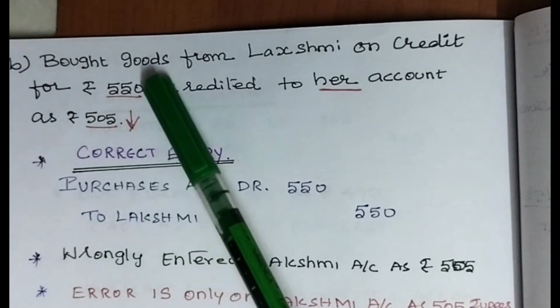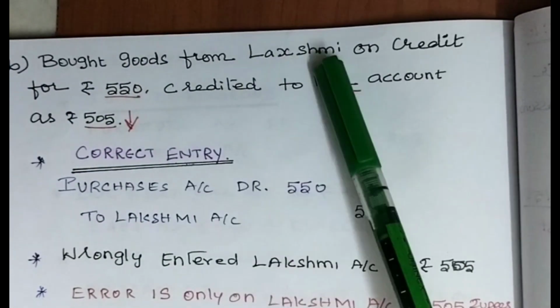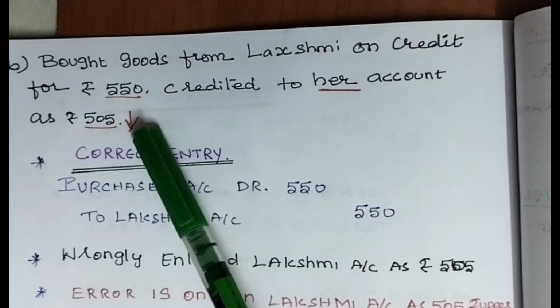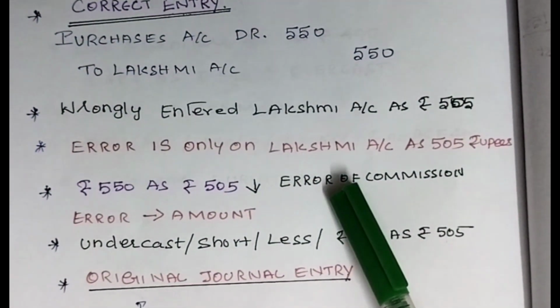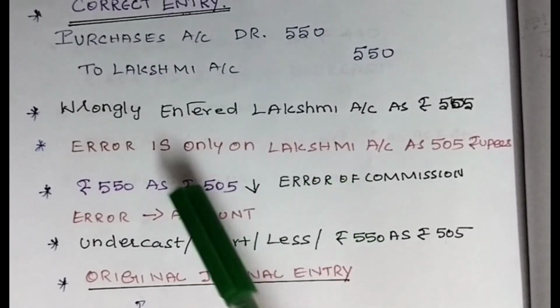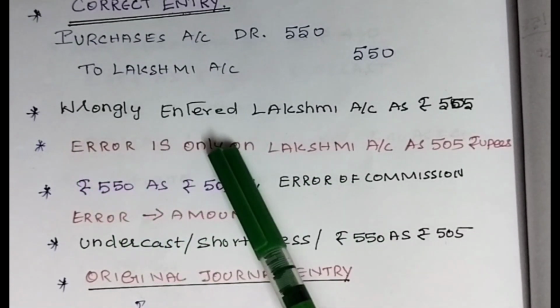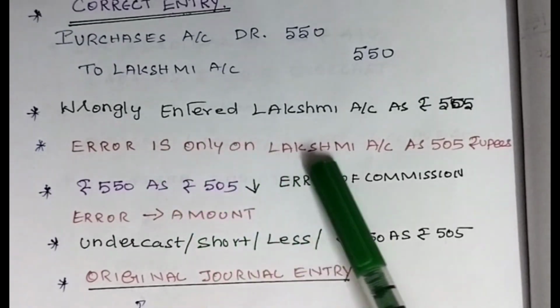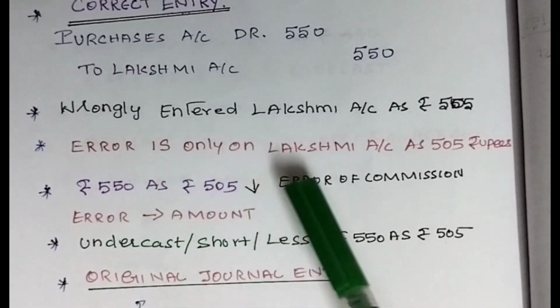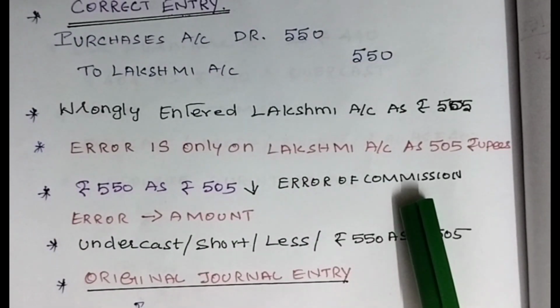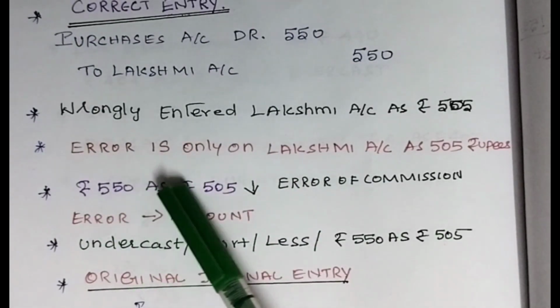Whenever you see words like this in the given transaction, you have to follow the original journal entry. So where is the error? The amount is the error. Here Lakshmi is the only error. The error is only on Lakshmi account. Okay, so this error is called error of commission because the amount is the error.